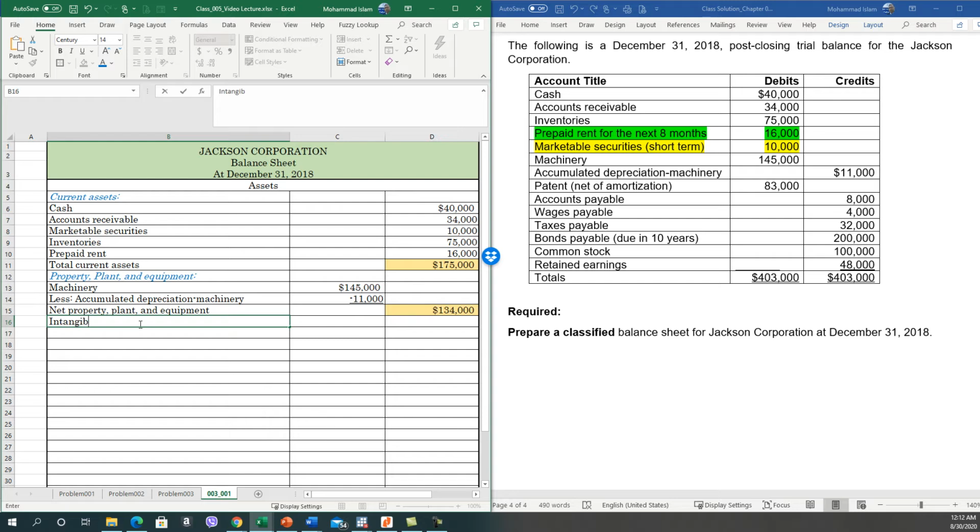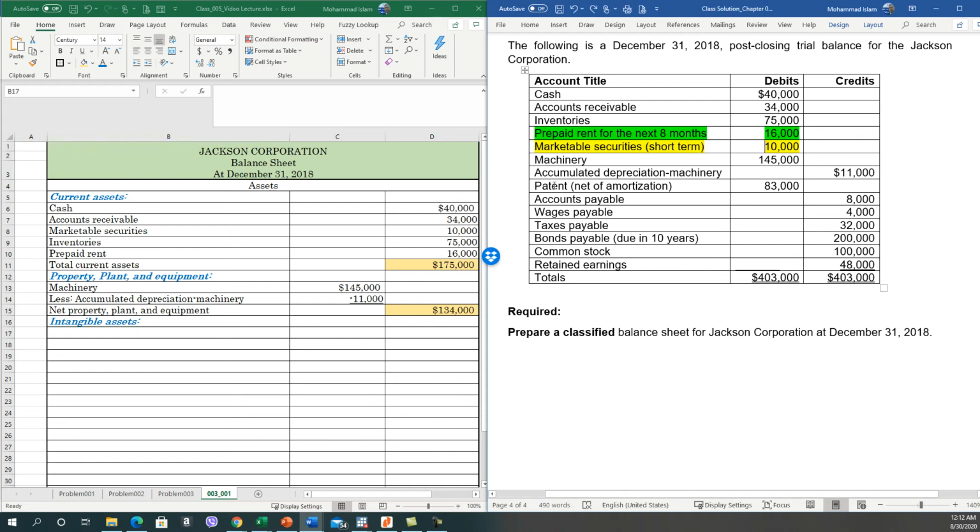And we have another type of asset, that is intangible assets. I'm giving this one a different color. I think bold will be more useful so we can see this one easily. So we have intangible assets. Can you see that?